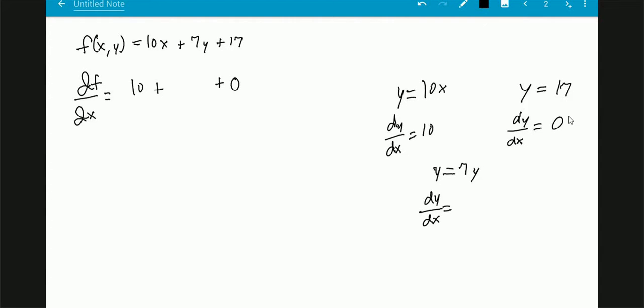That means y is just a number. Okay, so you get that. Treat the other variable as a number. Treat y as a number. Okay. Well, if y is a number, then 7 times y is just a number. And we know the derivative of a number is 0. Okay. So you have 10 plus 0 plus 0, which is just 10.